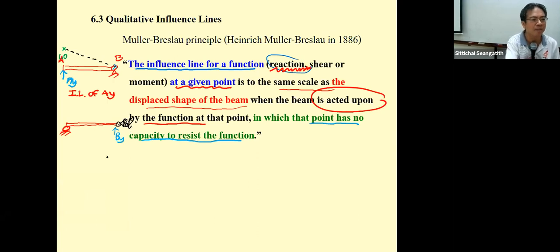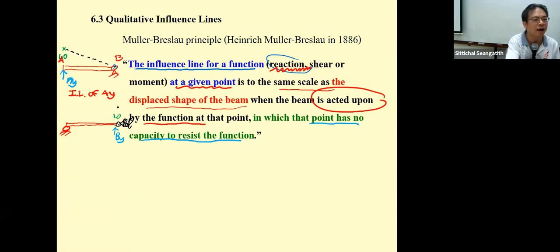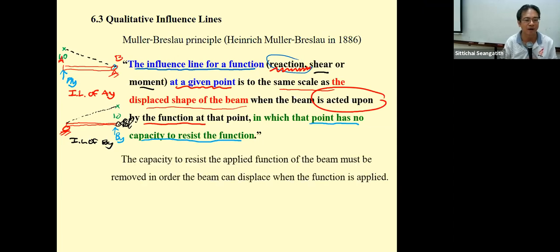And then this one moves a unit of 1.0 to this point, and you get this shape as the influence line of B sub y. For the shear and the moment, I will talk about this later. This is the main principle.